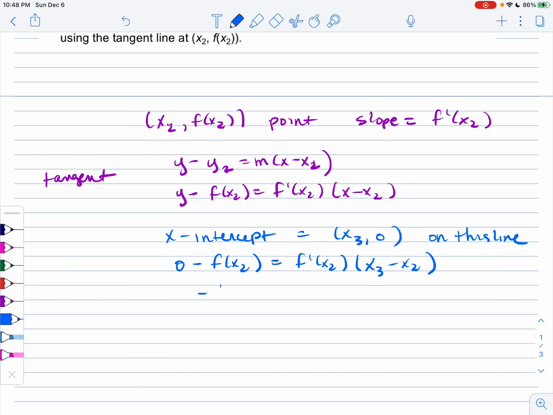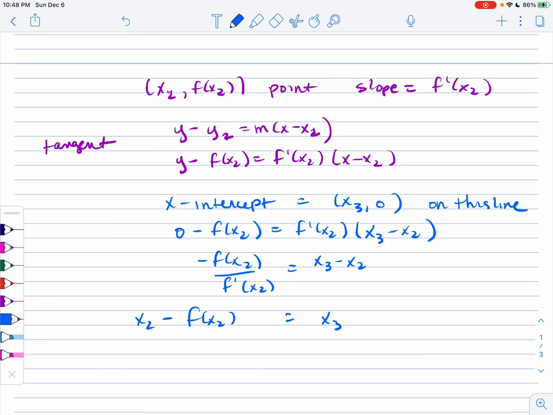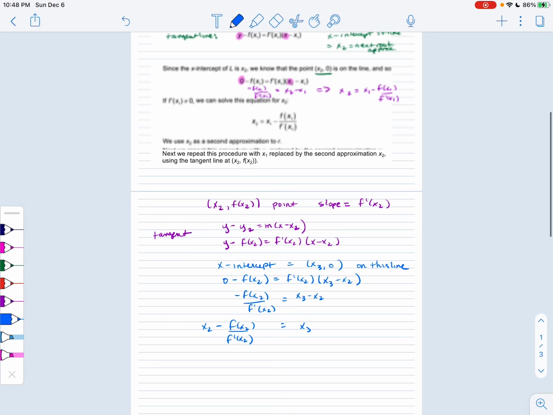Okay, so dividing both sides by f prime of x2, we would get x3 minus x2, and solving for x3, adding x2 to both sides, we'd get x3 equals x2 plus f of x2 over f prime of x2.